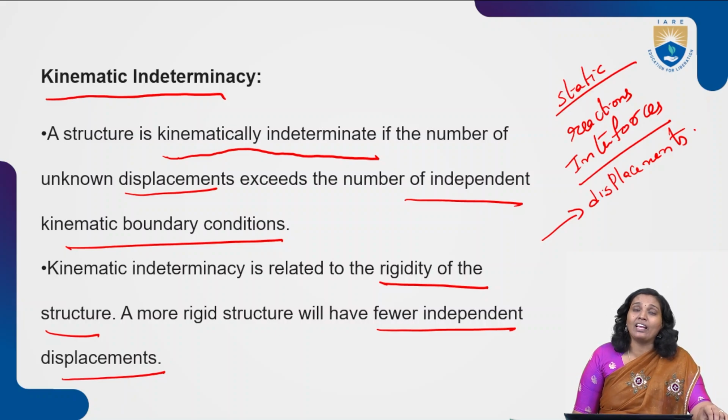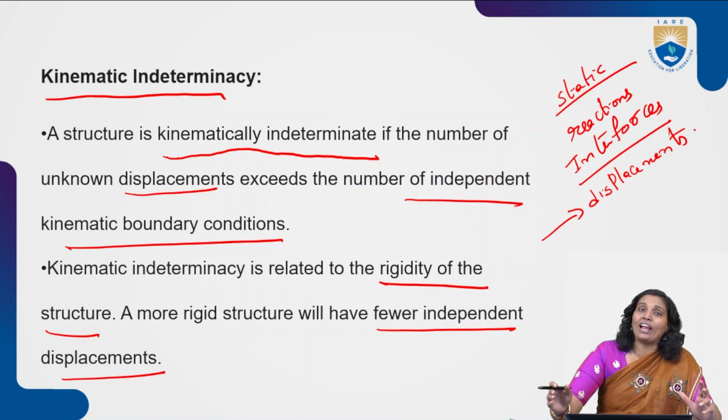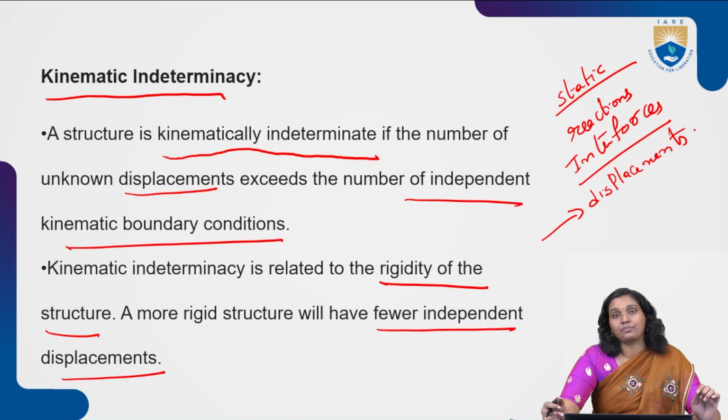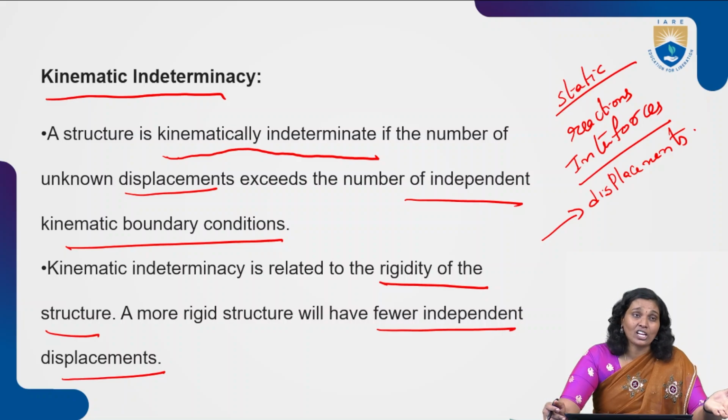In that too, we are going to categorize. Depending upon the reactions based on the loading conditions and the type of support, we understand the various reactions and internal forces. Such a type is known as a statically indeterminate structure.